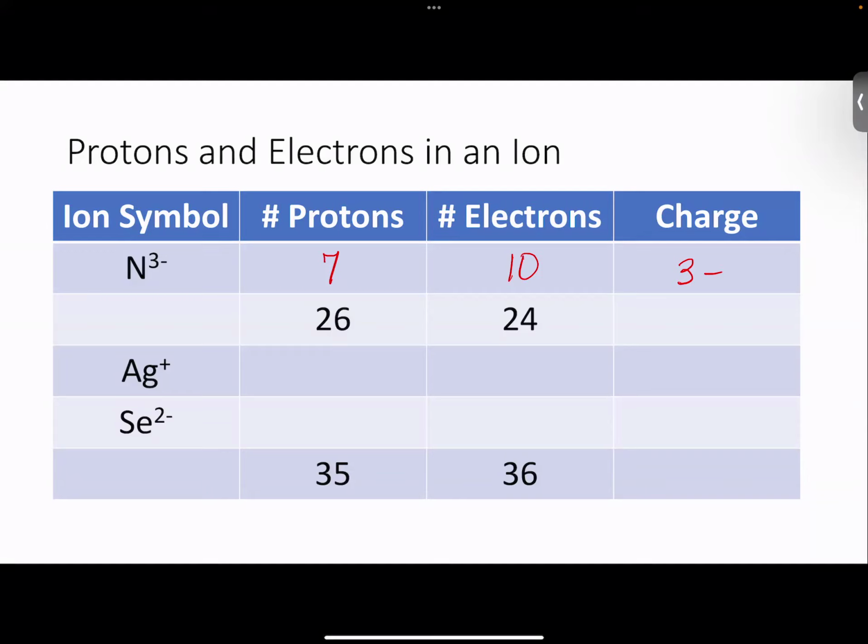The next one, it has 26 protons and 24 electrons. What does the proton tell me? Its atomic number. And so element 26 on the periodic table is iron.